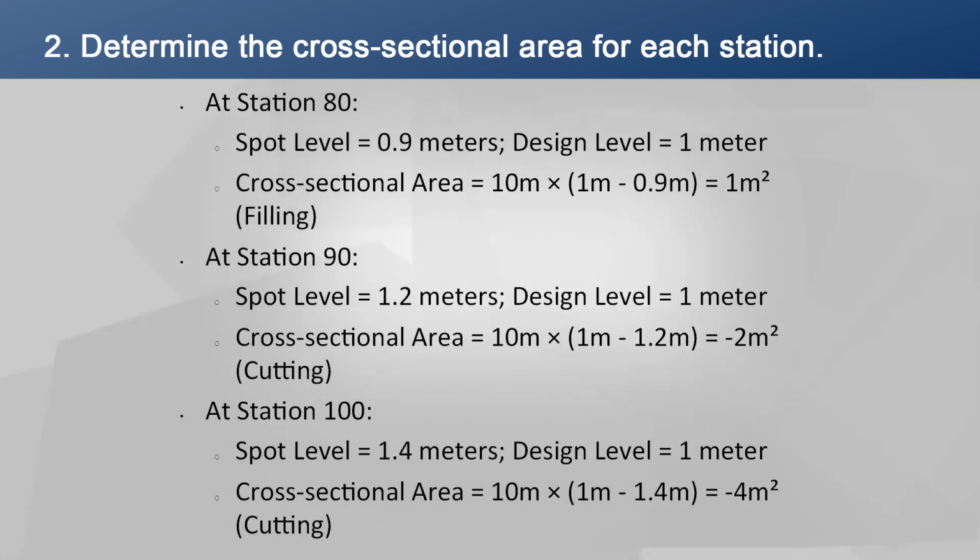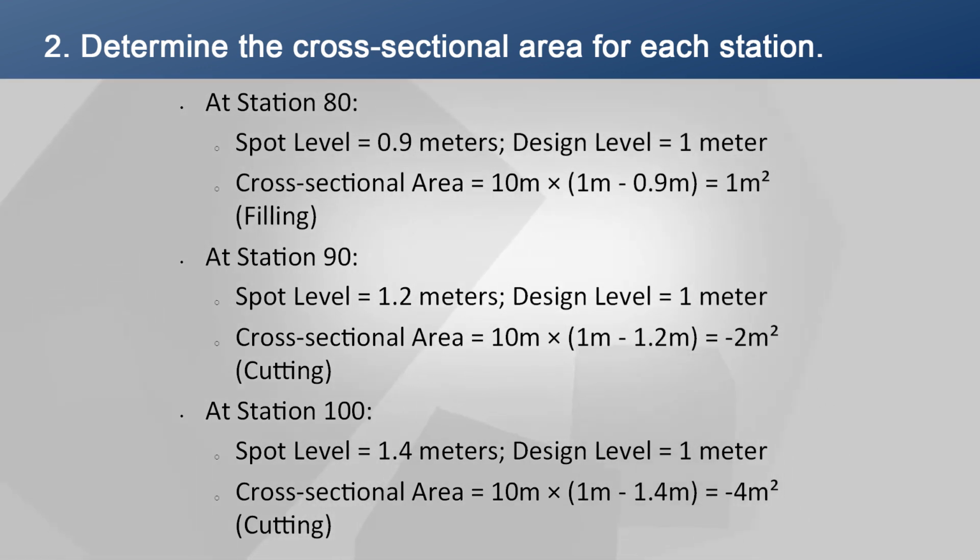At station 80, spot level given is 0.9 meter, design level is 1 meter. So, we can calculate cross sectional area as 10 meter into (0.9 meter minus 1 meter). It will come out as minus 1 square meter. Again, minus denotes the filling quantity.